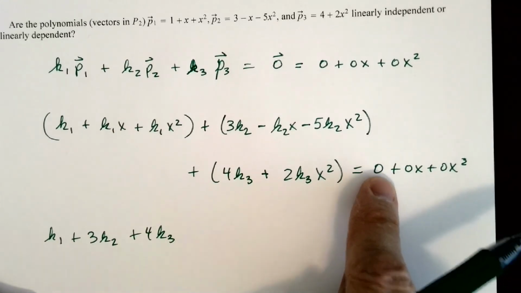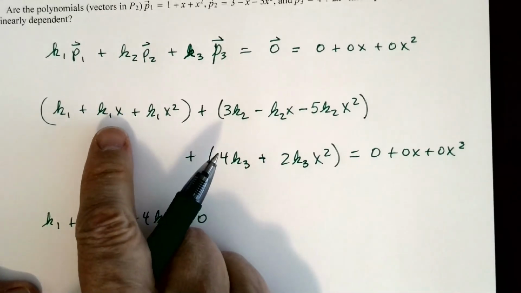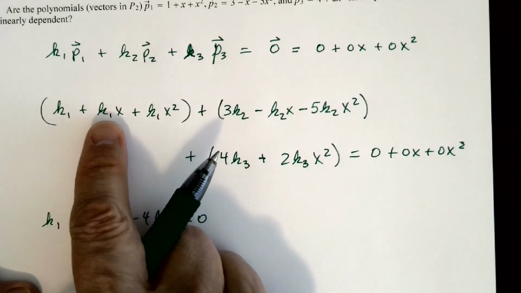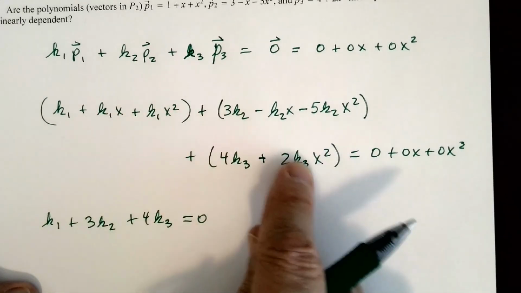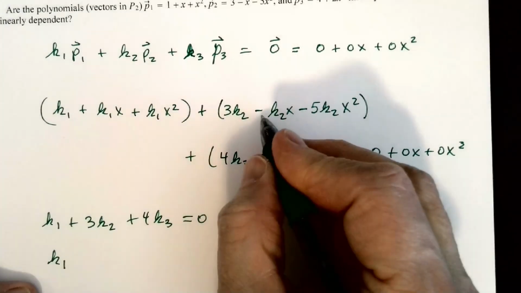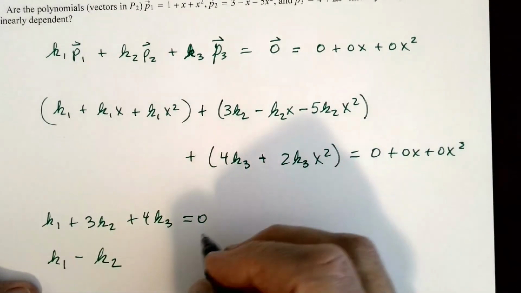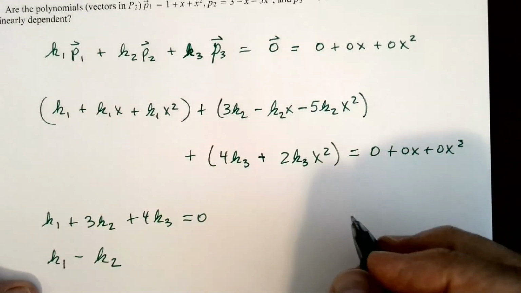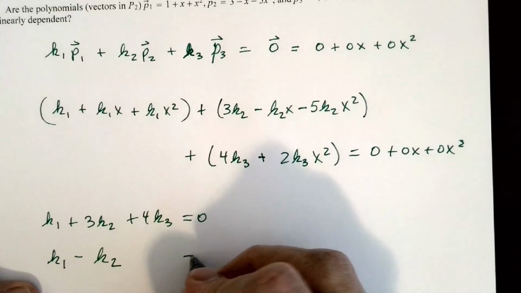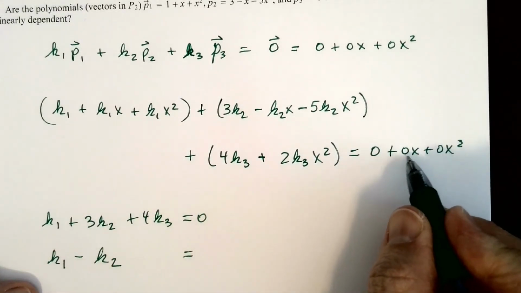The constant term over here is just 0, so they all have to equal 0. What about the x terms? I add the coefficients together, so the coefficients of the x terms give me k1 minus k2 plus 0, since there's no x term here. And what do the coefficients of the x term have to add to? 0.